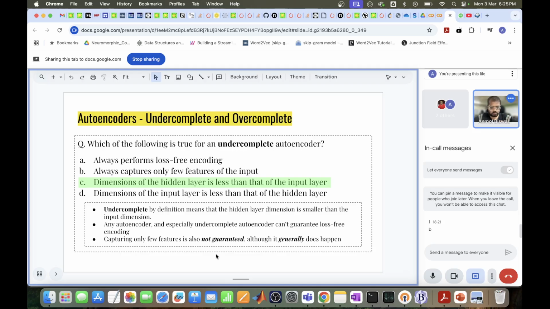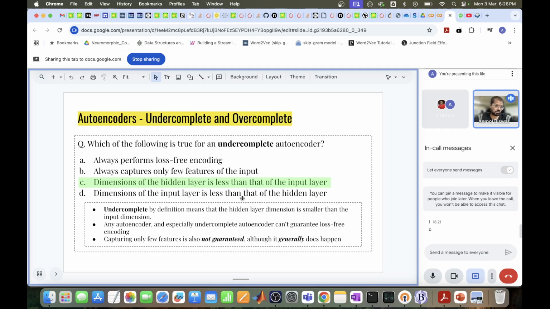Any autoencoder cannot guarantee loss-free encoding. Even an overcomplete autoencoder does not necessarily guarantee loss-free encoding, right? It can do it, but because the training process is after all heuristic, it may not do it anyway. The only thing that you can say with certainty is that the dimensions of the hidden layer is less than the dimensions of the input layer.